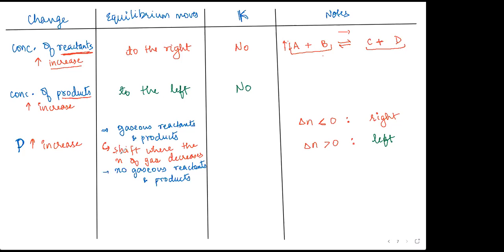That's why the equilibrium shifts where the number of moles of gases decreases. Similarly, if you decrease the pressure, then equilibrium will try to increase the pressure, so you can do that by increasing the number of moles of gases. So the shift is going to be where the number of moles of gases increases. It's going to be the opposite of this, and that is if pressure decreases. And we're just talking about the first case, right?